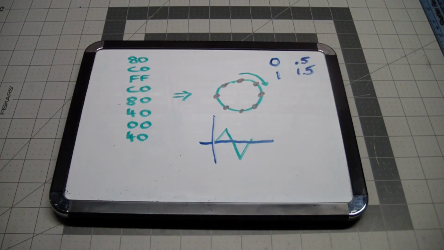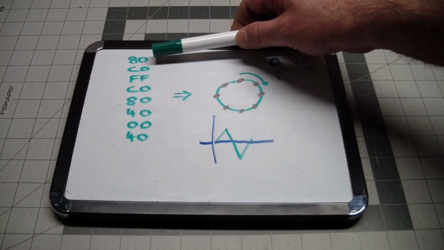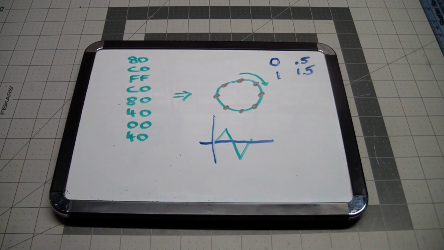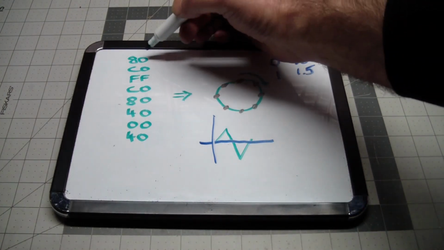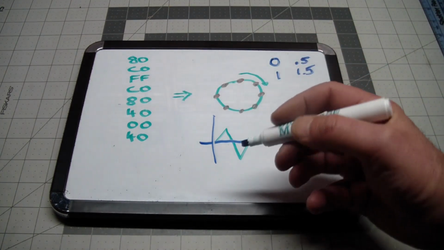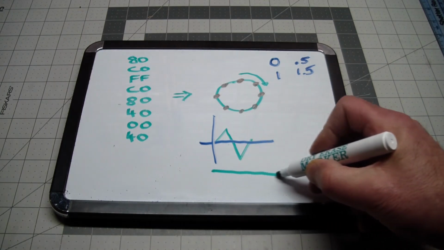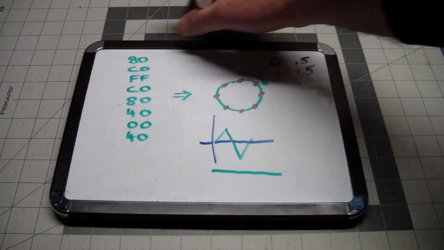An interesting part of this is, let's say we used 2 samples. Why not, right? Well, think about it. If we have 2 samples, an 80 and an 80, the resulting waveform would look like this. DC. You basically wouldn't hear anything. Why? Because it'll sample the 80.